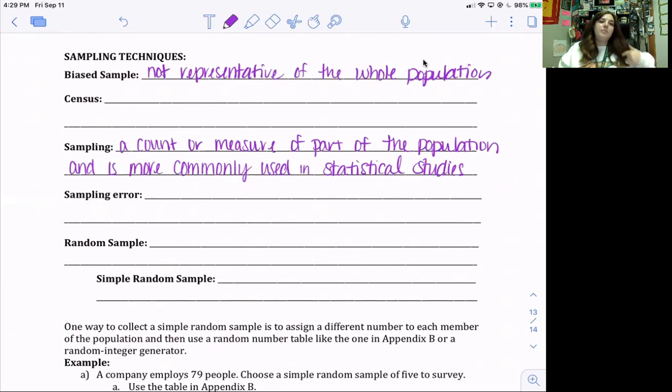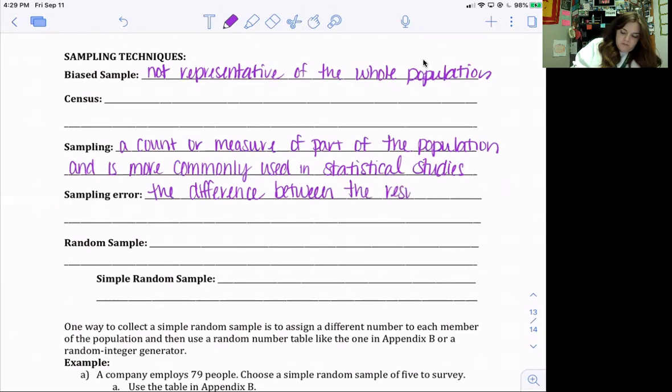So then we have a sampling error, and this is the difference between the results of a sample in a population, and we'll talk about this more in chapter 6.